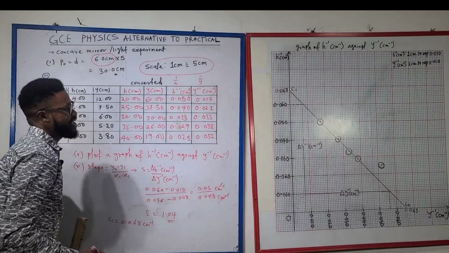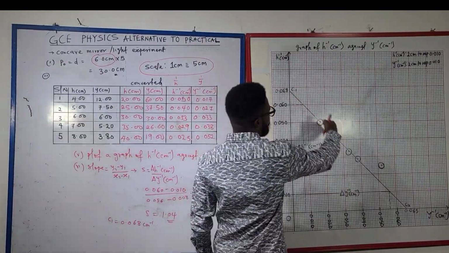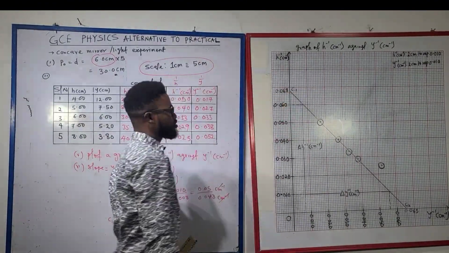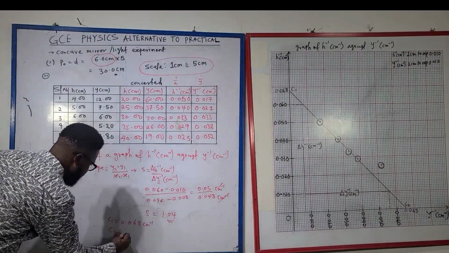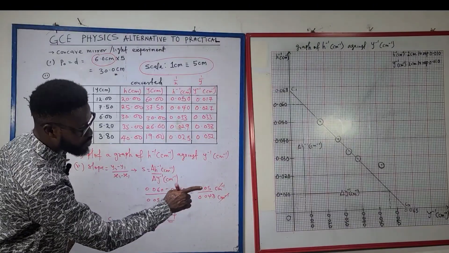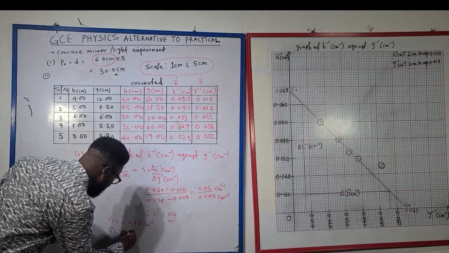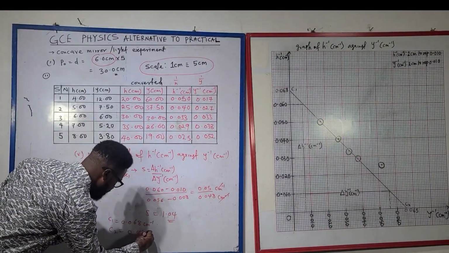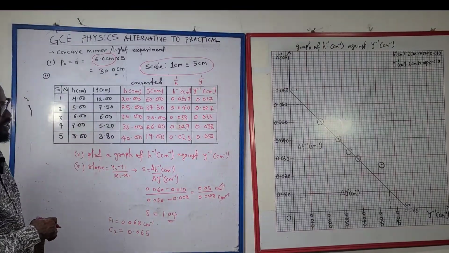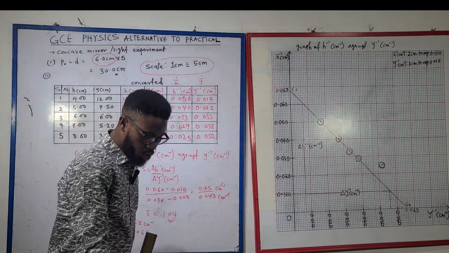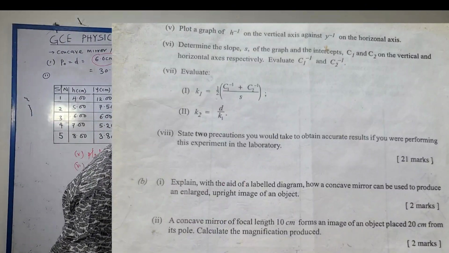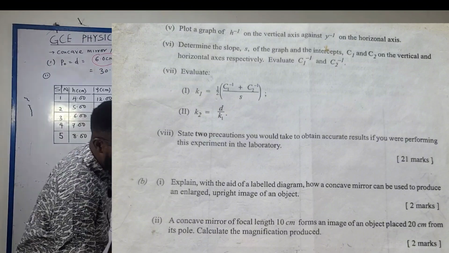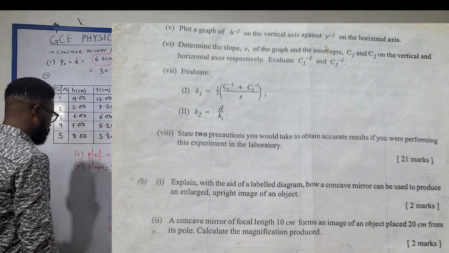That is where the plot of the graph touches on the vertical axis, and C2 is where the plot touches on the horizontal axis, and that is 0.065.